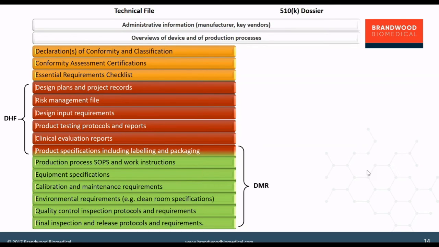So DMR, that's all the information which relates to how to produce the product in a snapshot format. All your current production process SOPs and work instructions, which are required to put the product together, all your equipment specifications, calibration and maintenance, and so on and so forth.